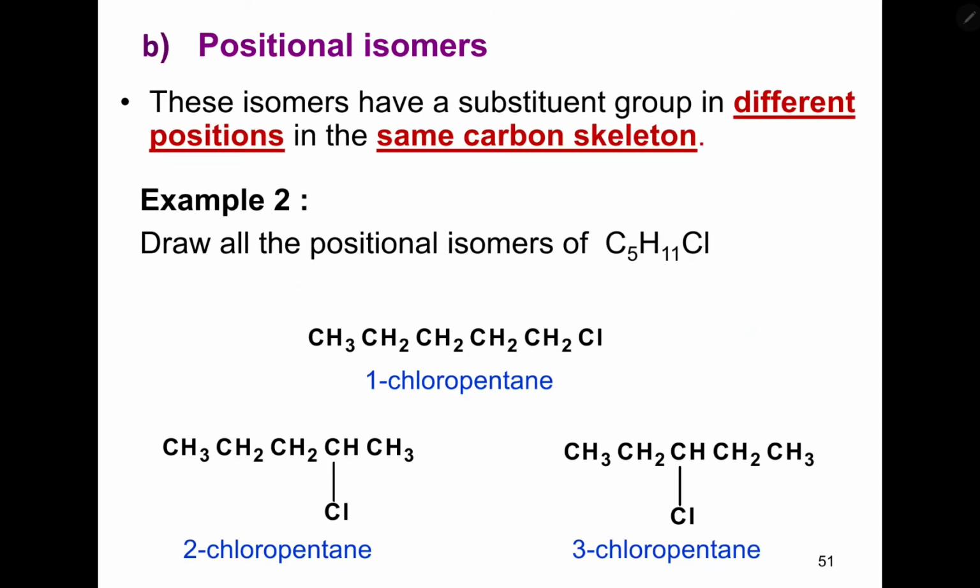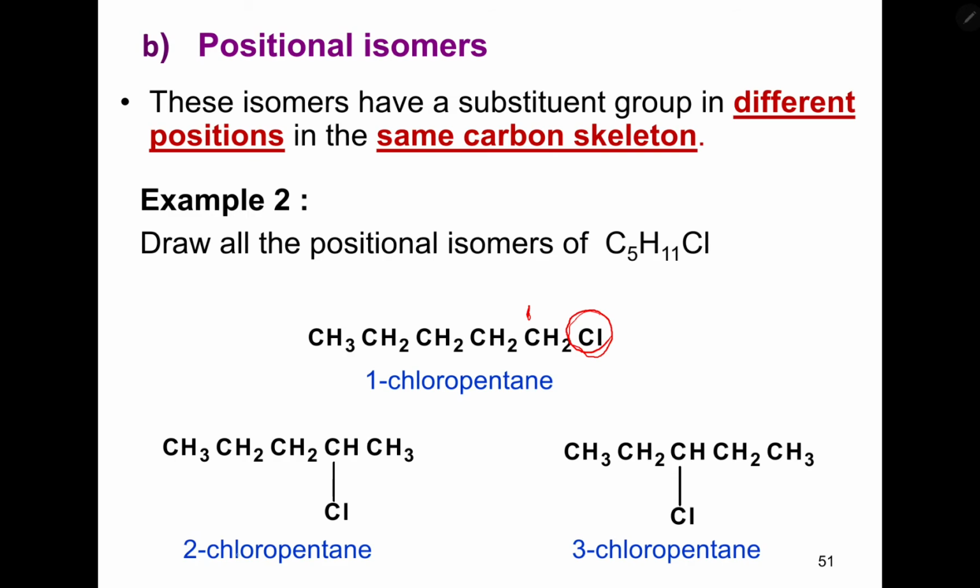The second type of constitutional isomer is positional isomers. These isomers have a substituent group or functional group in different positions in the same carbon skeleton. For example, if we look at the structures, the positional isomers for C5H11Cl, for the first structure, 1-chloropentane, chlorine attached at carbon number 1 in the parent chain.